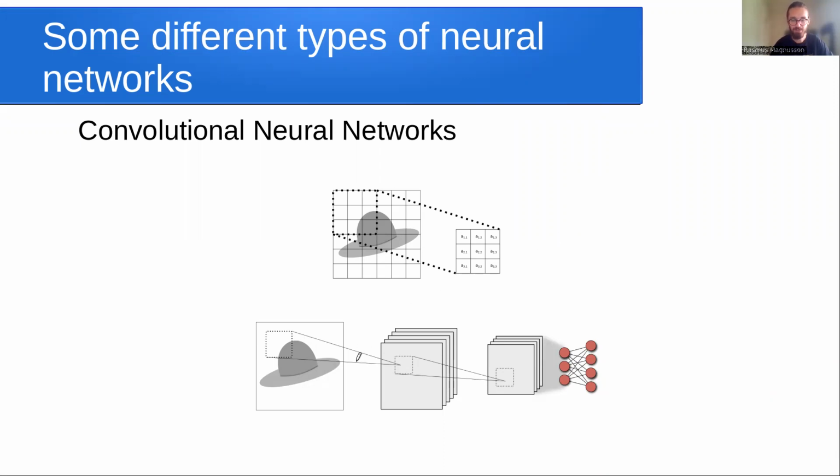You do that for all possible positions on the input, so you get a matrix representation, and then you can continue adding convolutional layers and also the feed-forward layers we saw before. So you have a model that can find patterns wherever they appear in the image. If you have a hat up here, you could recognize that, but also if it's down here, and you wouldn't be able to do that with the rigid structure of just a feed-forward neural network.